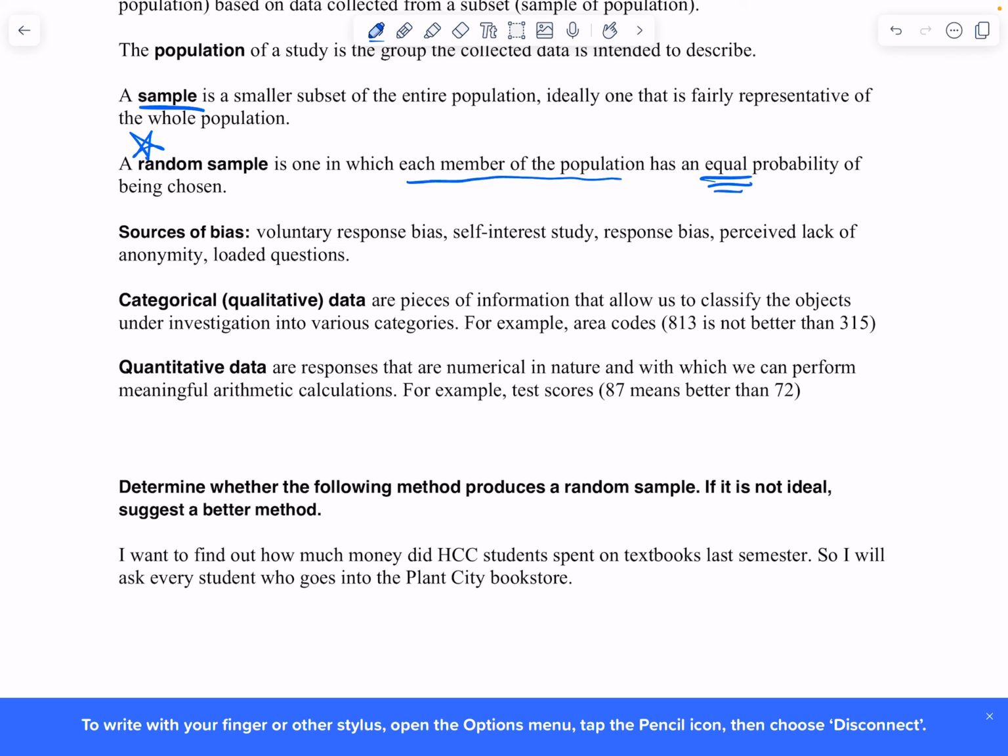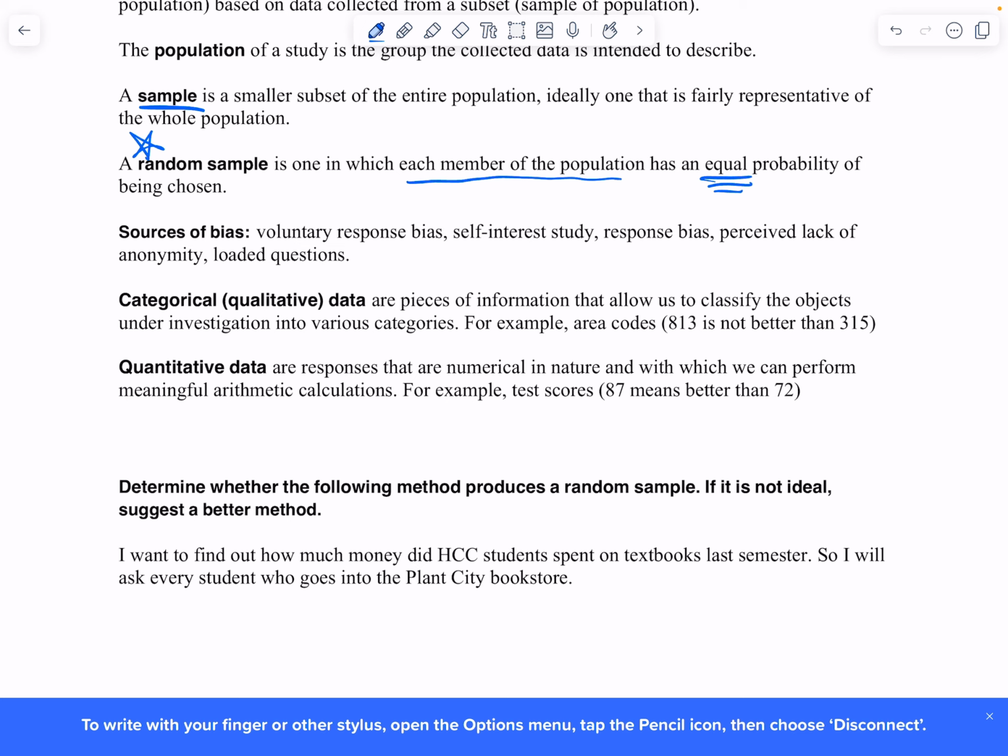Another example that's given in the notes is area codes. So, for instance, the area code is assigned to an area. So, for instance, St. Pete is 727. Well, Pinellas is 727. And Tampa is 813. Those numbers don't mean anything. Like, 813 is not better than 727.